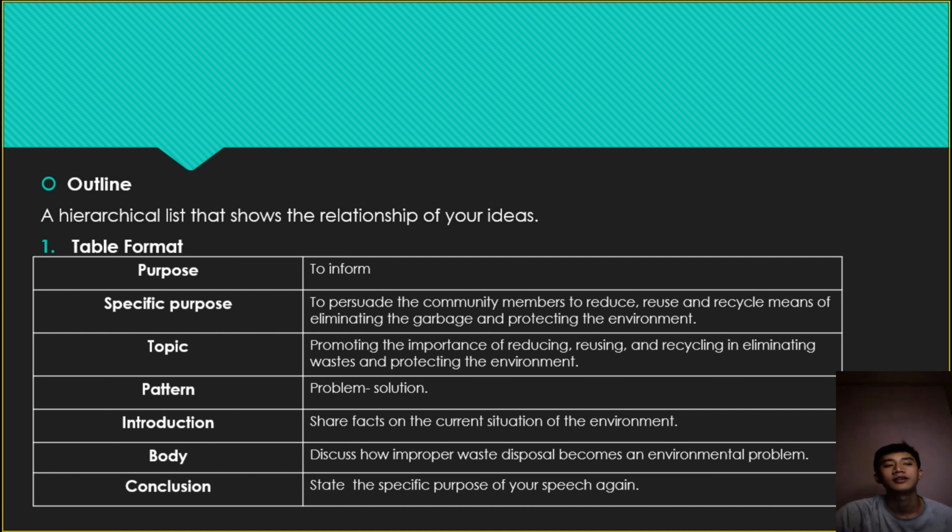So the purpose is defined as to plan or intend to do something. And for the specific purpose, it specifies the actual topic you have chosen and the basic objective you hope to accomplish with your speech. And the topic is a heading in an outlined argument or exposition.